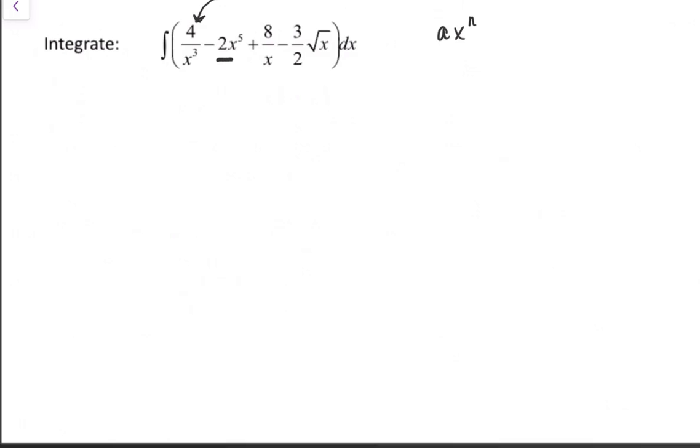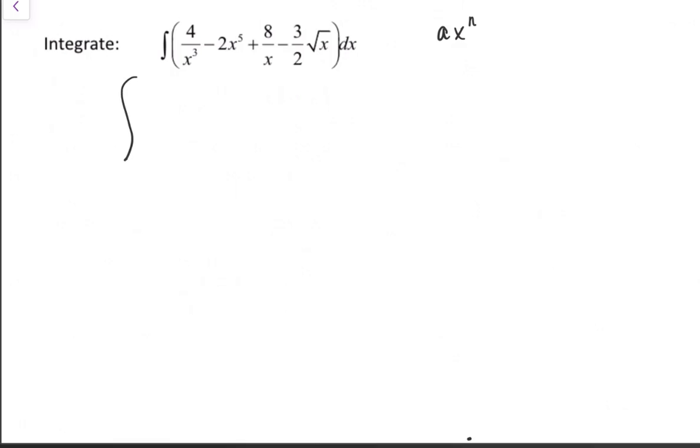My next term is fine. This term here is fine because remember, x to the first on the bottom has its own rule. And then I've got minus 3/2 square root of x. So that term I'm going to want to rewrite because I'm going to want to pull that x out of the root position. So let's go through first and rewrite this.